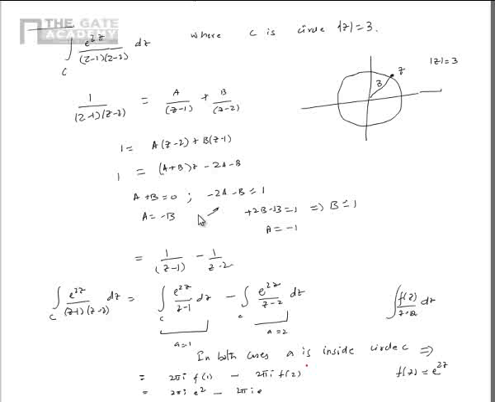Let me see what mistake we have made. Well, a is minus 1 here and b is plus 1. So the signs change. So f of 2 you have to substitute, this is e power 4. So you can take 2 pi i out common, which is e power 4 minus e square. So the value of the integral is 2 pi i (e power 4 minus e square).